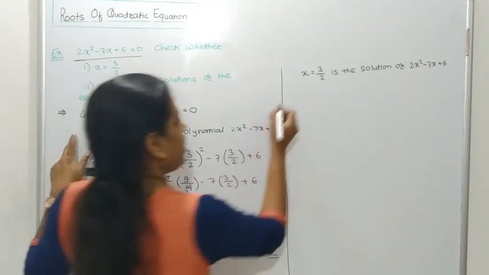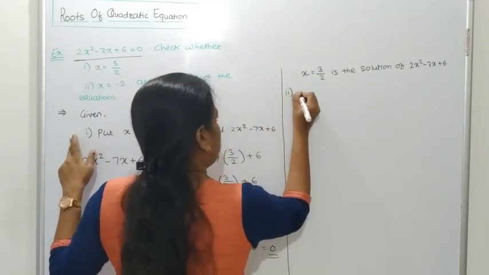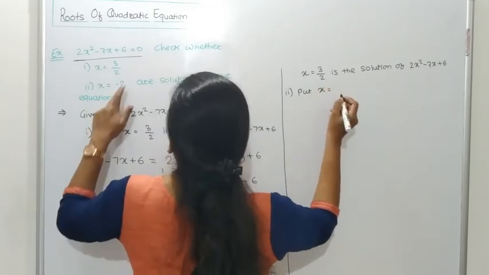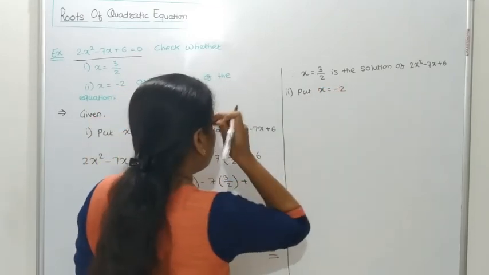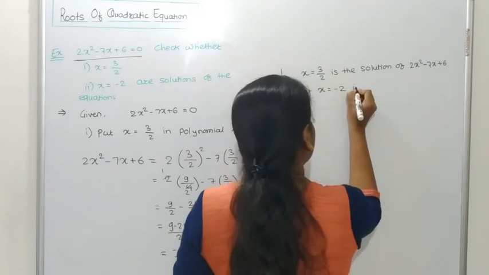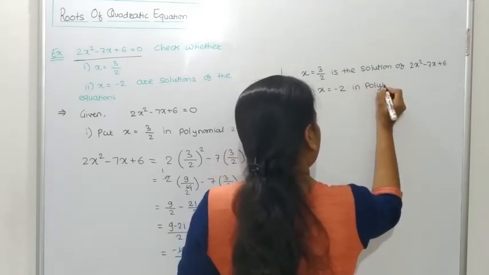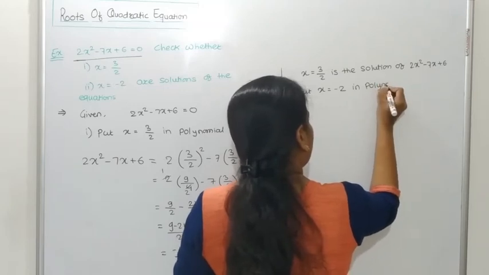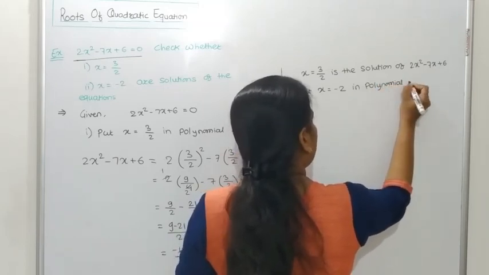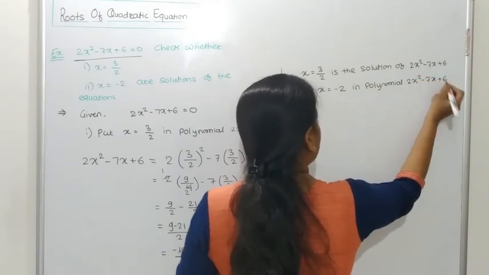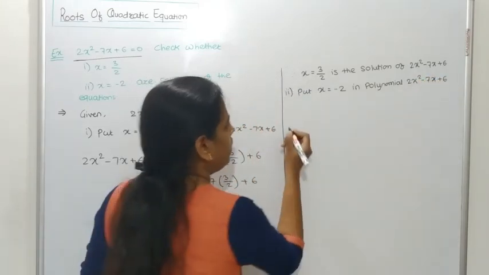Now we have to solve the second part. We have to put x is equal to minus 2 in the polynomial 2x square minus 7x plus 6. So put the value.